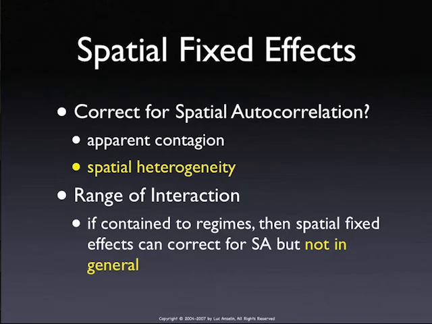But it's constrained to the state, it doesn't spill over to the next state, so then a dummy variable or some other way of treating heterogeneity is fine. But it is not correct that using spatial fixed effects corrects spatial autocorrelation. If the autocorrelation is of a more general nature and actually spills over across the states, this will not fix the problem.